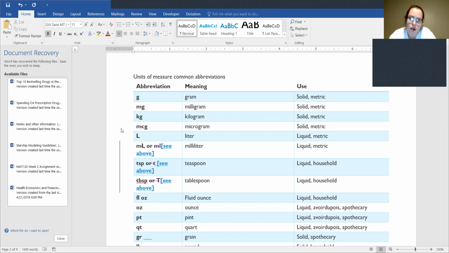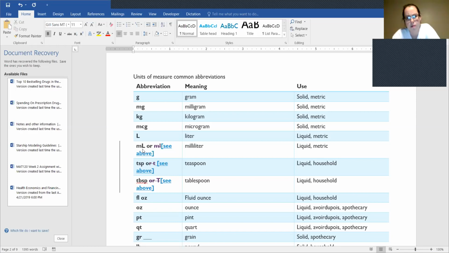And digoxin is for congestive heart failure. It's also extensively prescribed, but those are both measured in micrograms. Sometimes you will see them in fractions of a milligram, like 0.25 milligrams. Well, 0.25 milligrams is 250 micrograms. Multiply that by 1,000, right?